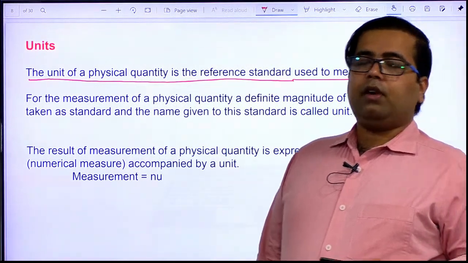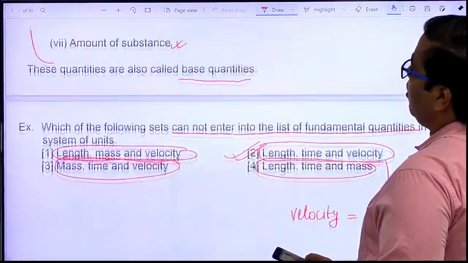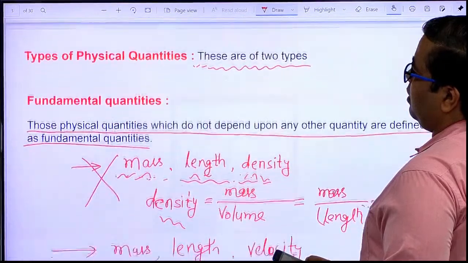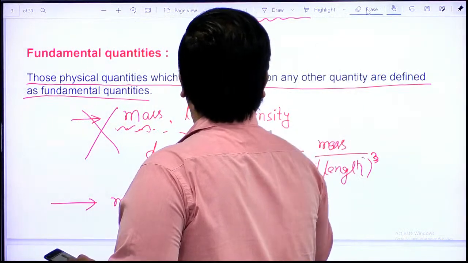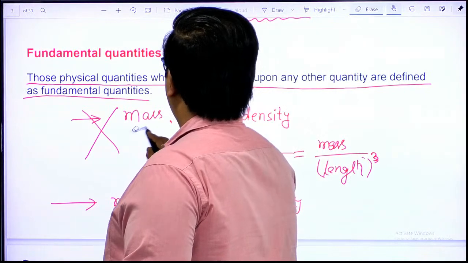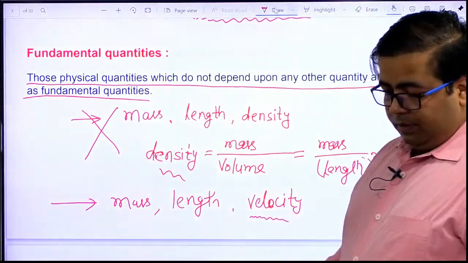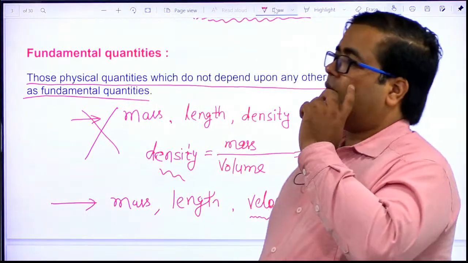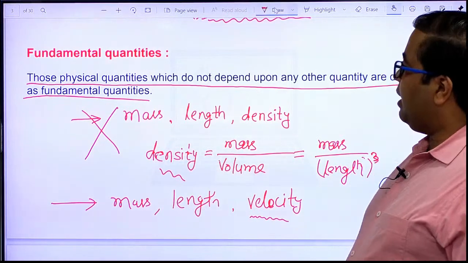Okay, you need the fundamental quantities. I have told you that fundamental quantities are independent from each other. They cannot be related.